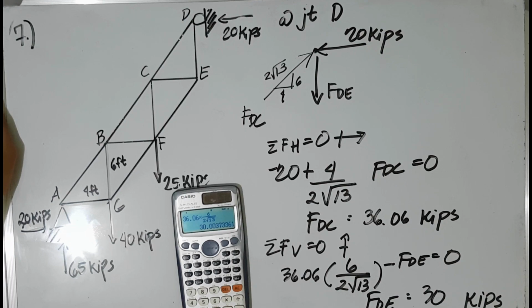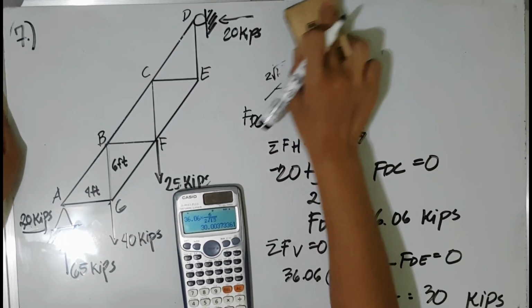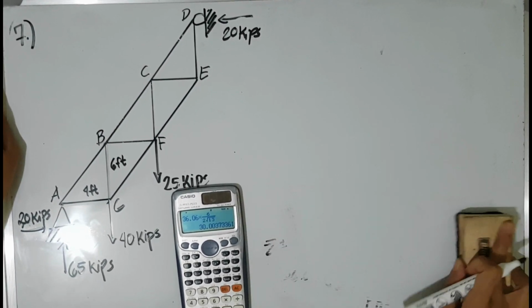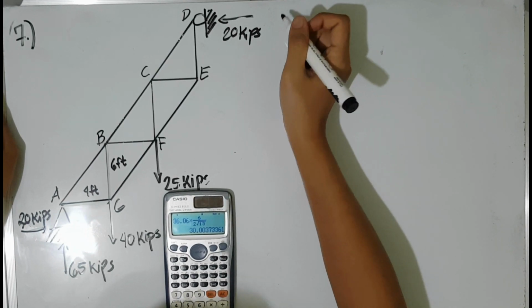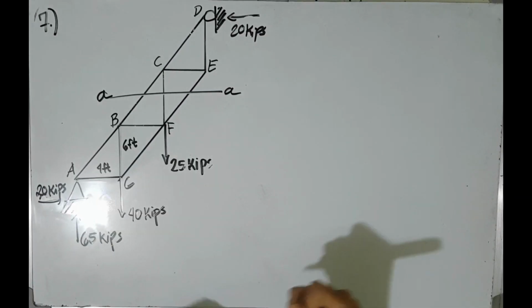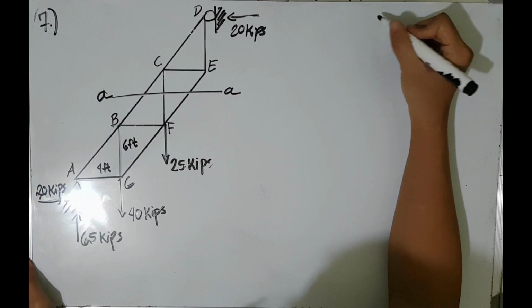And our next step is to pass an imaginary line between member BC, CF, and FE to determine the value of member BC.